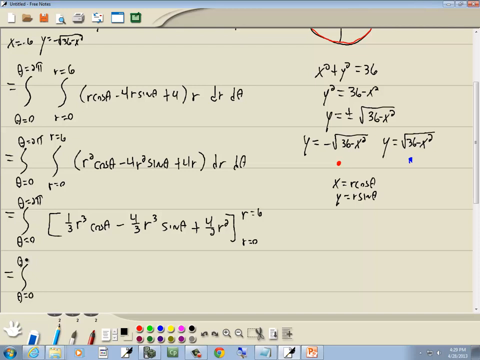I'm just going to plug in r equals 6. So we get 1/3 times 6 to the third cosine theta minus 4/3 times 6 to the third sine theta plus 4 divided by 2 is 2 times 6 squared d theta.